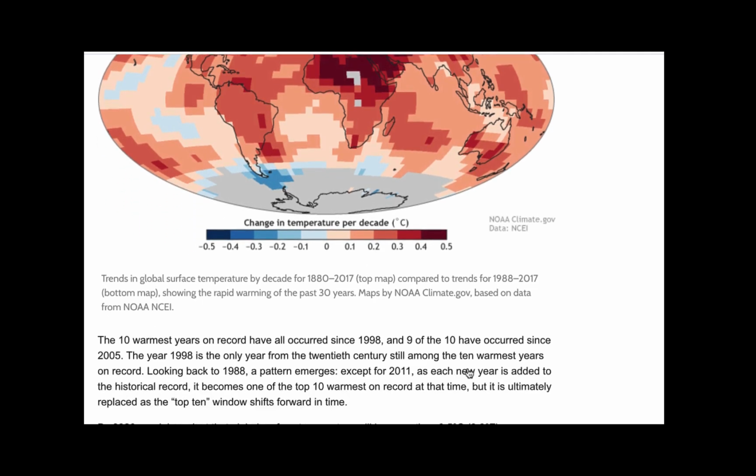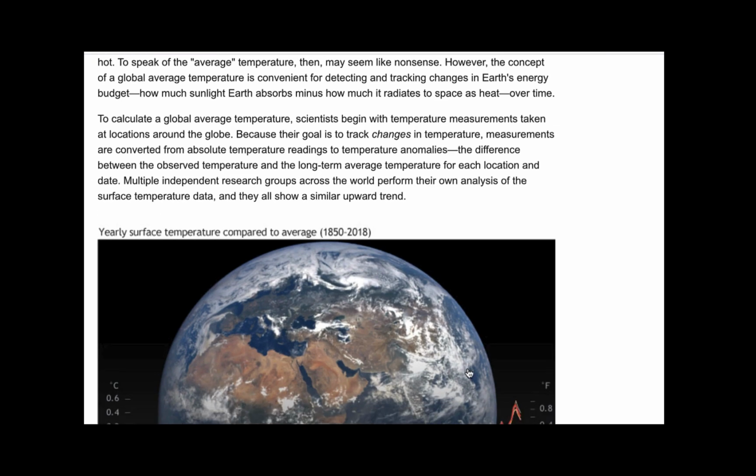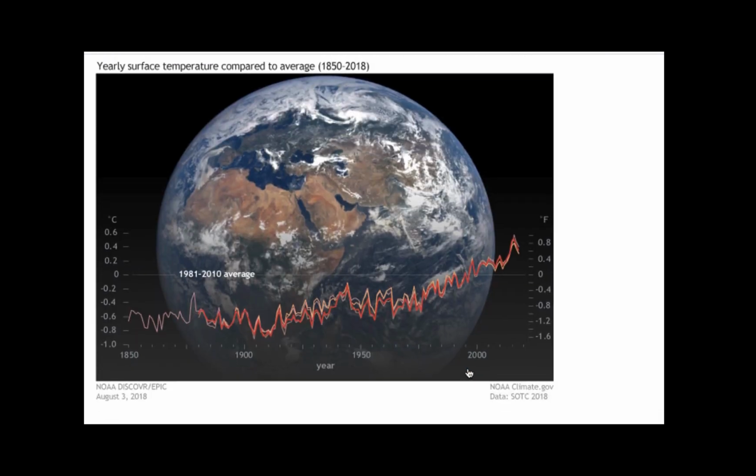If we look at our overall trend, this surface average temperature, we do have information from 1850 on, not for every single place, but we have enough different locations that they set up this graph looking at this 30-year time period, 1981 to 2010, and said, let's just average the temperature over this time period. We'll call that our 0 point, and then we'll be able to track what the changes in the temperature are relative to that 0 point.